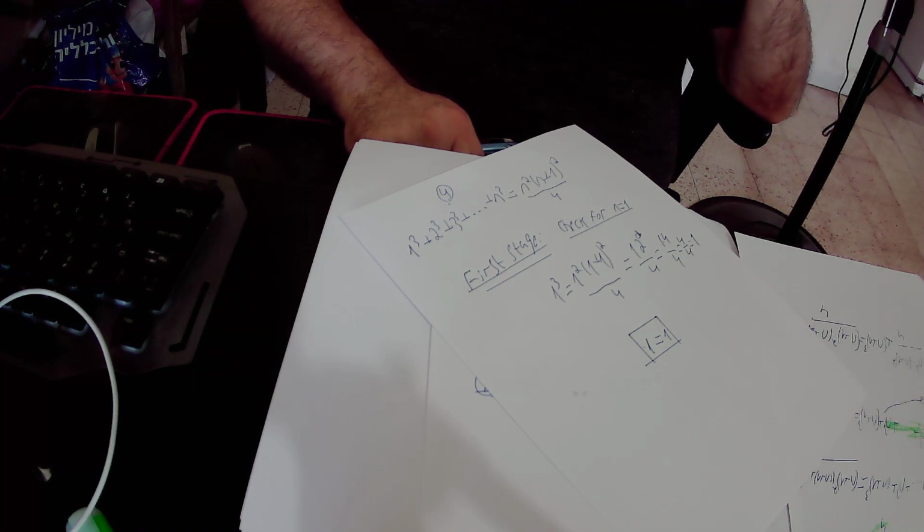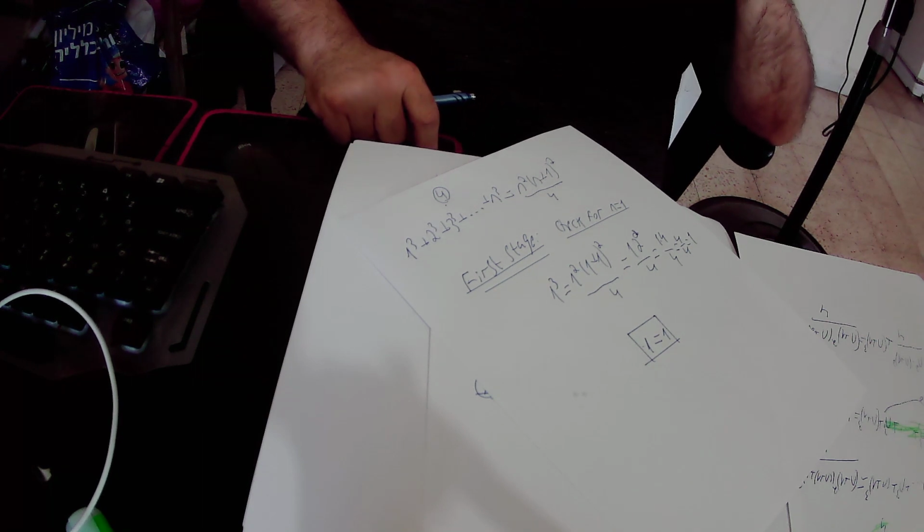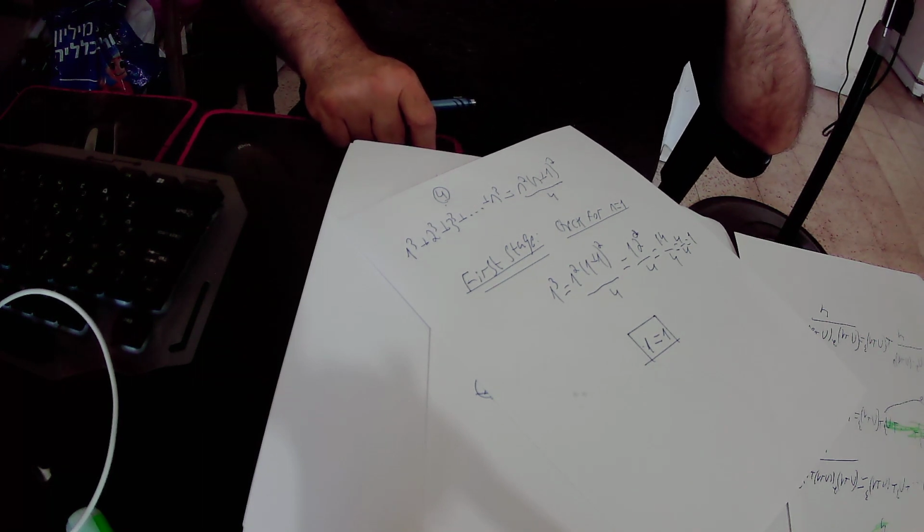And actually in this way we proved that this statement is true for all the natural numbers, as I have already explained to you in the beginning of the lecture.